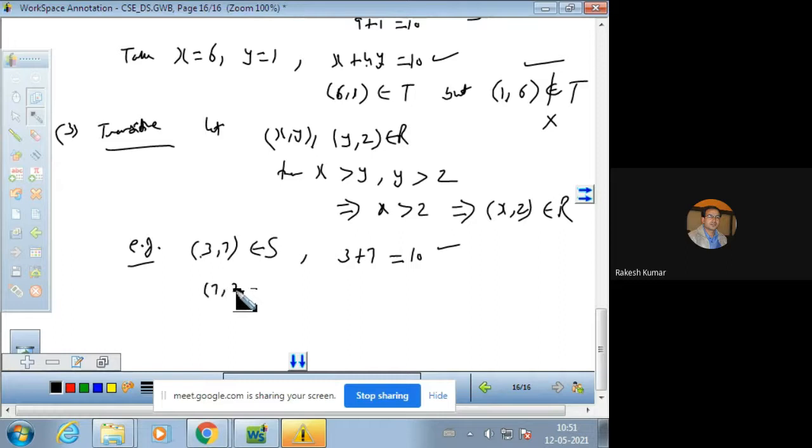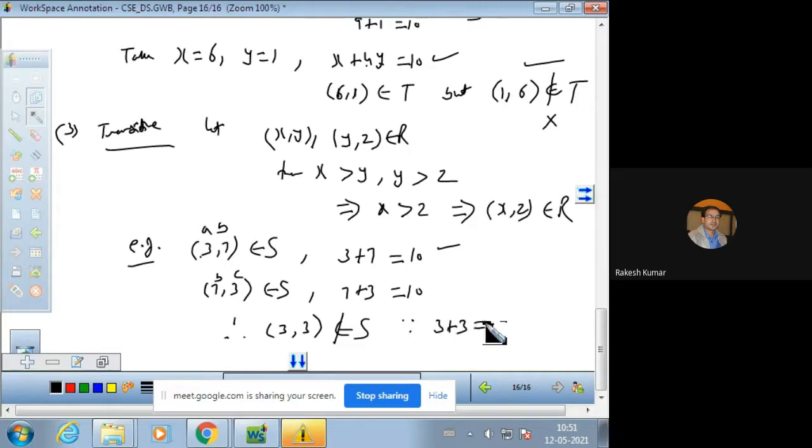Suppose I take (7, 3) also belonging to S, then 7 plus 3 is equal to 10. By the transitive property, this is AB and this is BC, so AC, that is (3, 3), should belong to S, which is not possible because 3 plus 3 is not equal to 10. So it does not satisfy the transitive property.